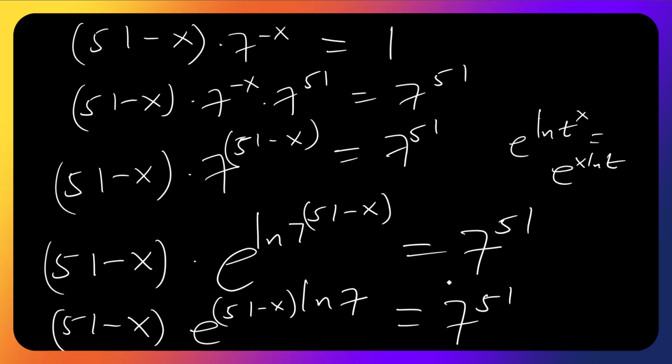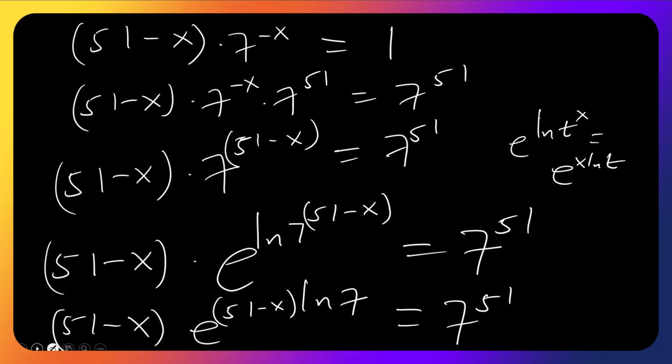Now, we are working towards what is here and what is there being equal. There is something missing here. 51 minus x, 51 minus x, but ln of 7 is missing. So let's multiply both sides by ln of 7.